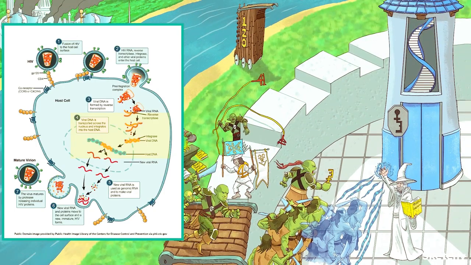Integration into host DNA is a smart move on the wizard's part. For one, it can't be undone. That host cell will be infected for the rest of its life. Plus, once the viral genome is incorporated into host DNA, the host cell machinery unwittingly transcribes and translates the viral genome alongside its own.